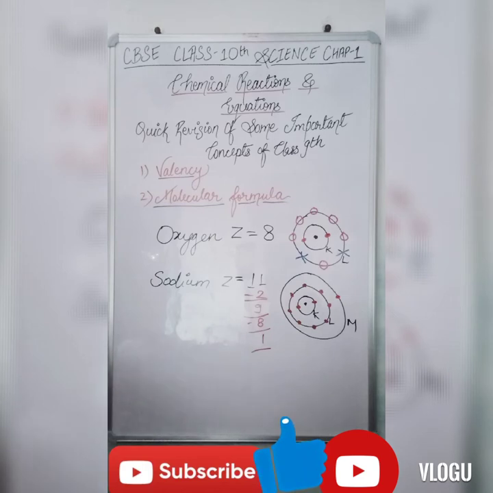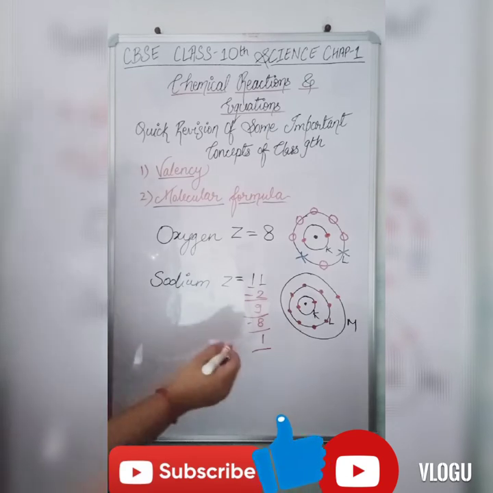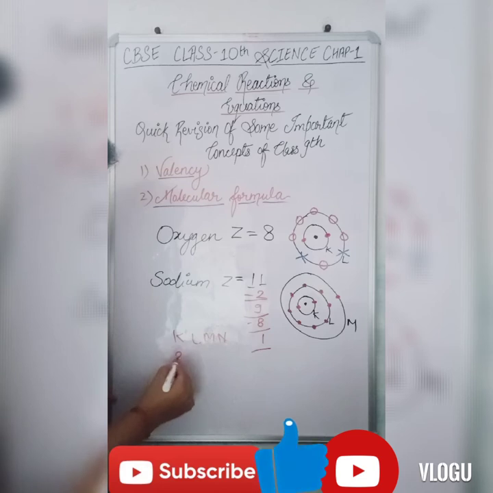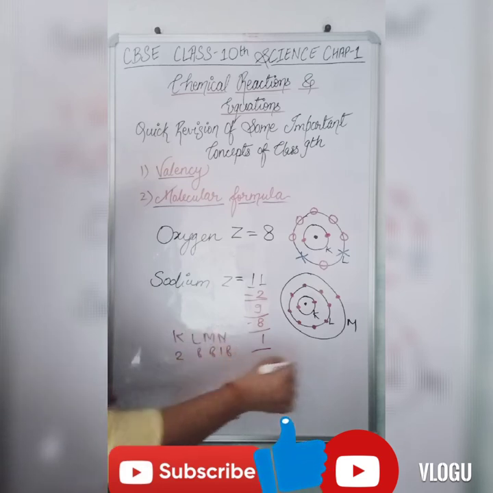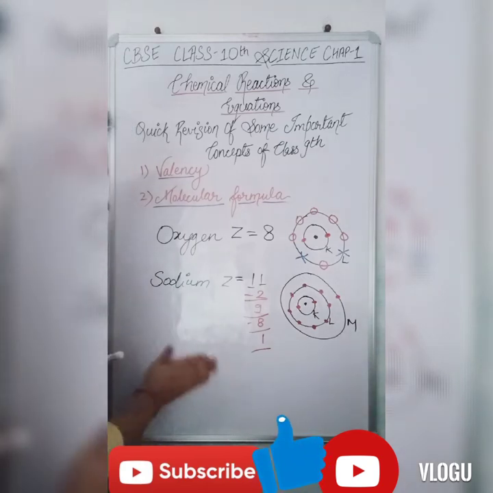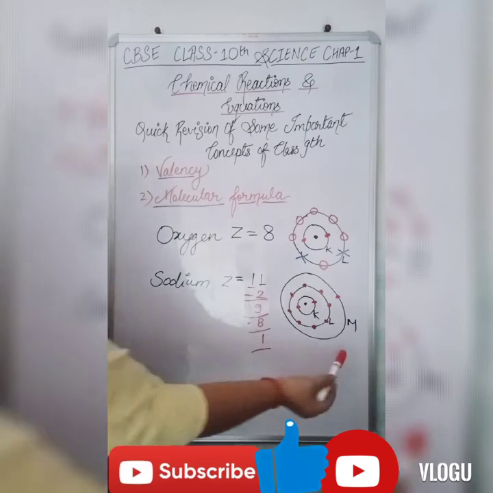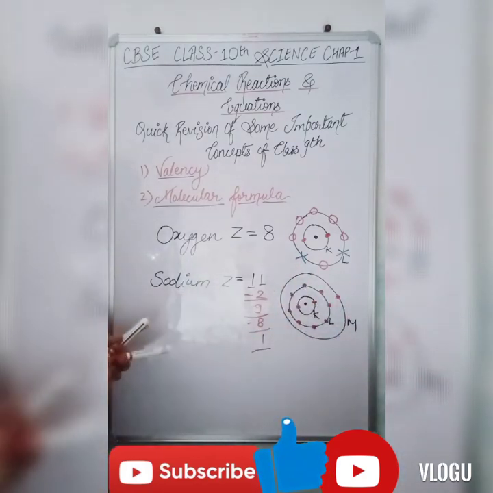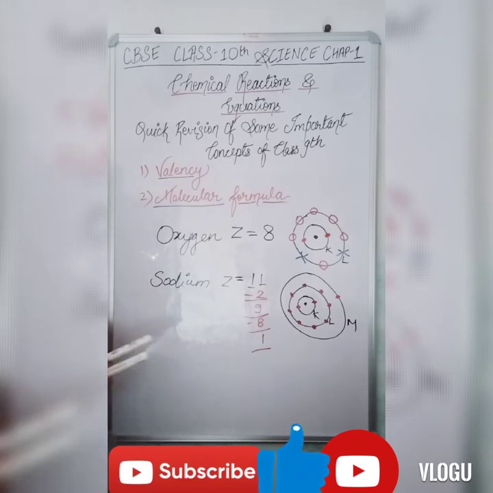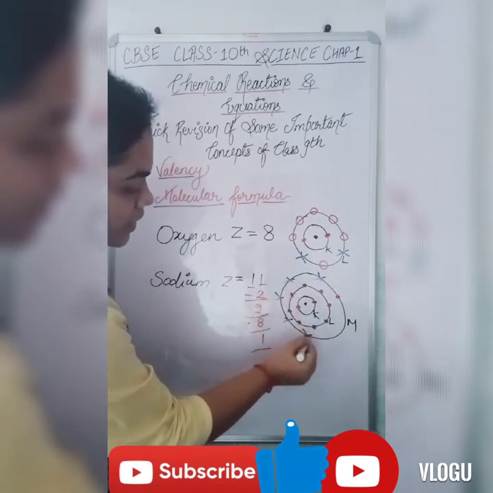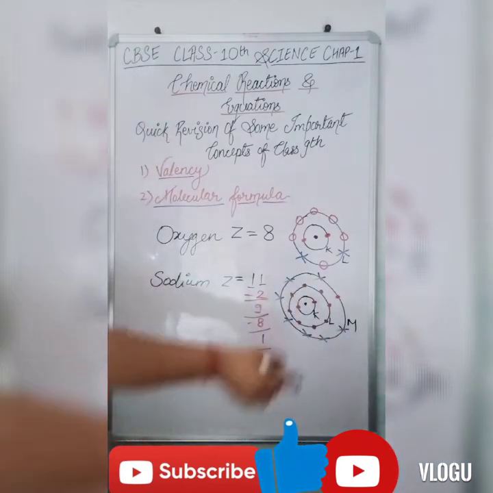Okay. From 9th class, you have already read about Bohr's model, which says that K, L, M shells should have 2, 8, 8, 18 and further 18, 18 configuration. So if we go with this, we know that in M shell also 8 electrons must be filled. But you can see there are 7 places vacant. M shell has 1, 2, 3, 4, 5, 6, 7 places vacant.